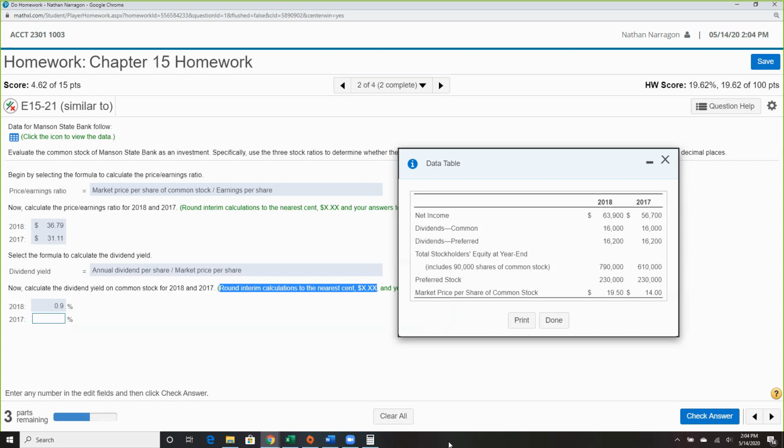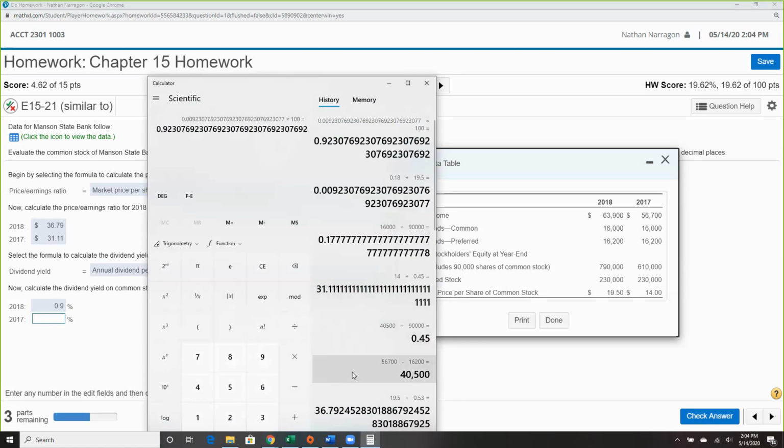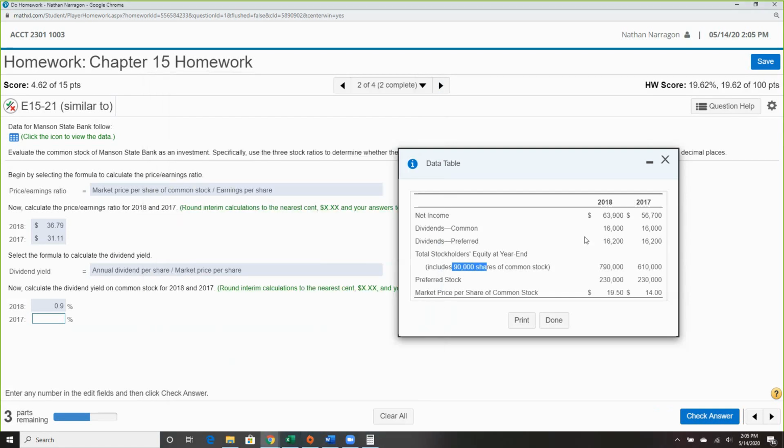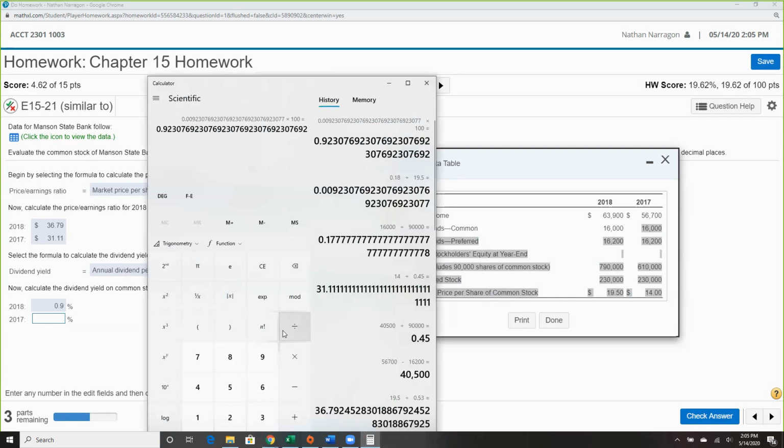Alright, time to do 17. So, they basically have the same amount, which is, again, with shares, their dividends were exactly the same. So again, it's 18 cents per share. And now we divide it by its market price of $14.